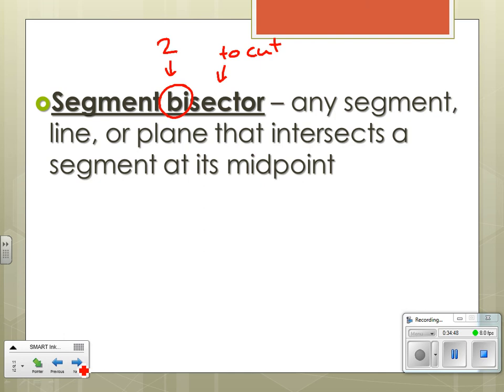So now you can go ahead and write down that definition. It makes it a lot easier to remember the definition if you can figure it out just by looking at the word. Segment bisector means I'm cutting a segment into 2 equal parts. And that can be any segment, line, or plane that intersects a segment at its midpoint.